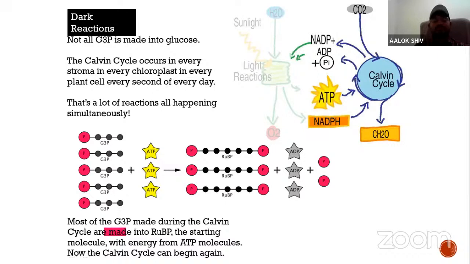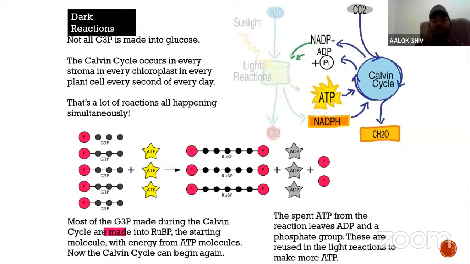Most of the G3P molecules do not combine; they are again converted into RuBP with the help of ATP, and they give ADP and phosphorus, and this ADP and phosphorus is again utilized for the Calvin cycle.